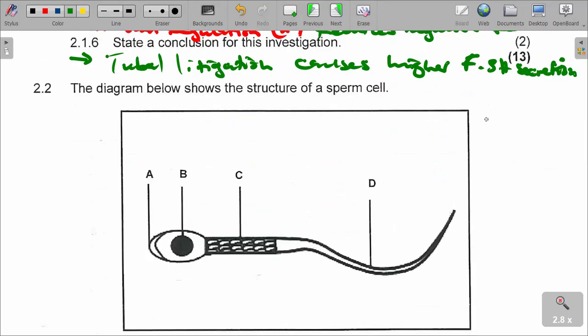So we have the diagram which shows the structure of the sperm cell. The structure of the sperm cell is also available on the channel, analyzed.